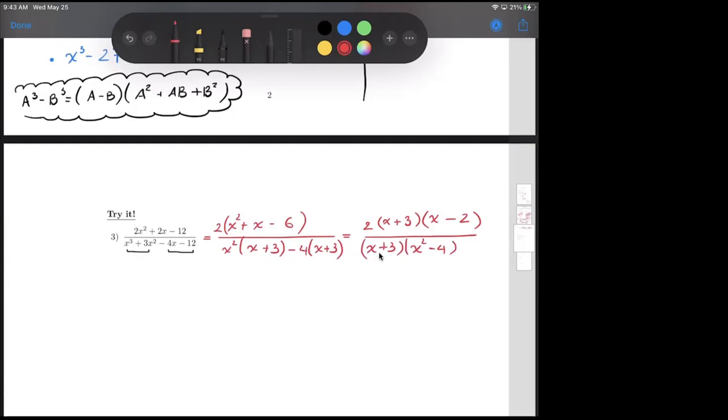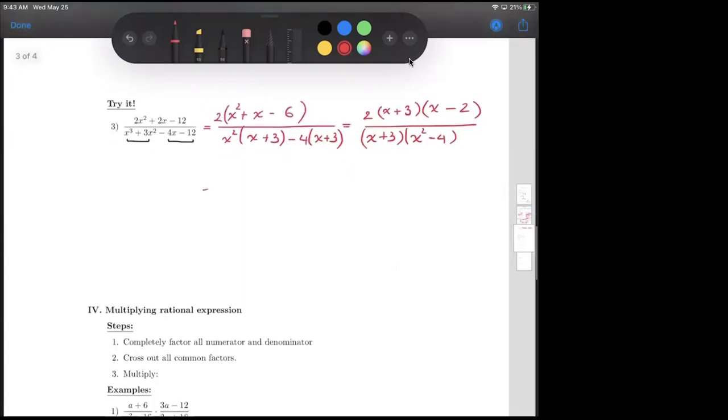Oh, let me see what you got. All right, Haya got 2 over x plus 2. Is that about right? x squared minus 4, you can factor more, right? So let me rewrite the top: 2 times x plus 3 times x minus 2. And the bottom, x plus 3 stays the same. x squared minus 4 you can expand into x minus 2, x plus 2.